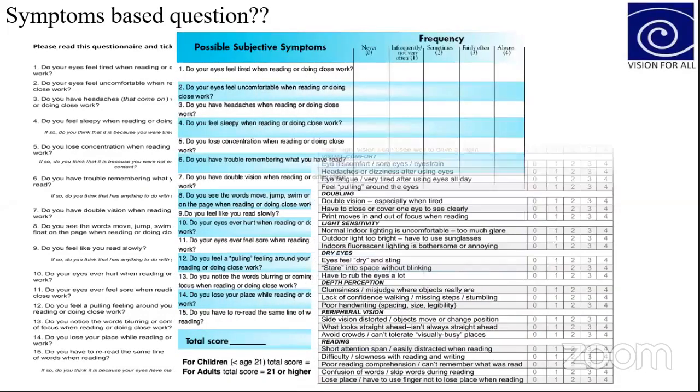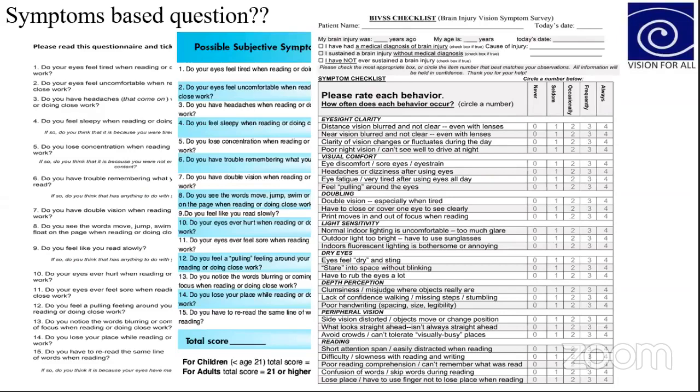There are many symptom-based questionnaires, among which one was developed by the College of Optometrists in Vision Development. All these questions are for screening purposes, so that we get to know whether the patient is suffering from a binocular vision disorder or not.